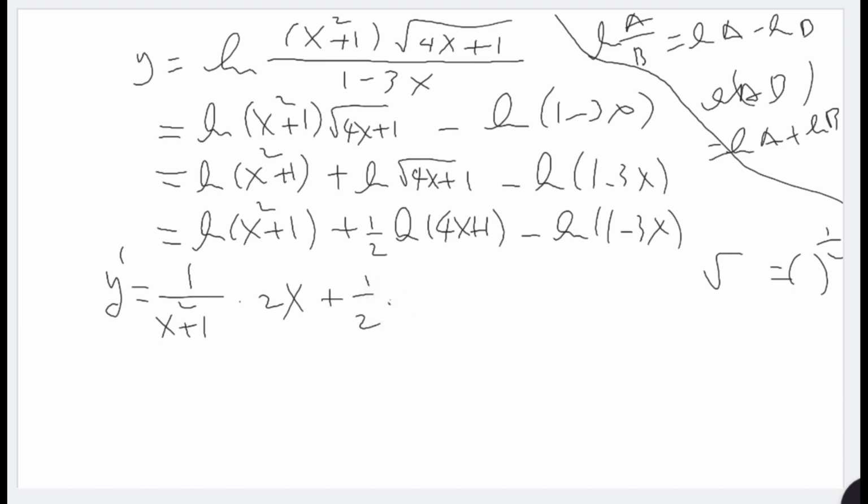And similarly, the second one, copy down the constant 1/2, the 1 over f times f prime. The last one, 1 over f times f prime, the derivative of 1 minus 3x. It's just that when you differentiate that.